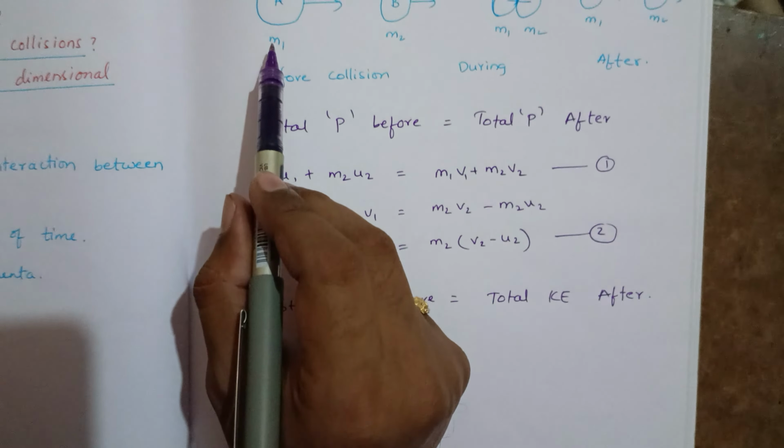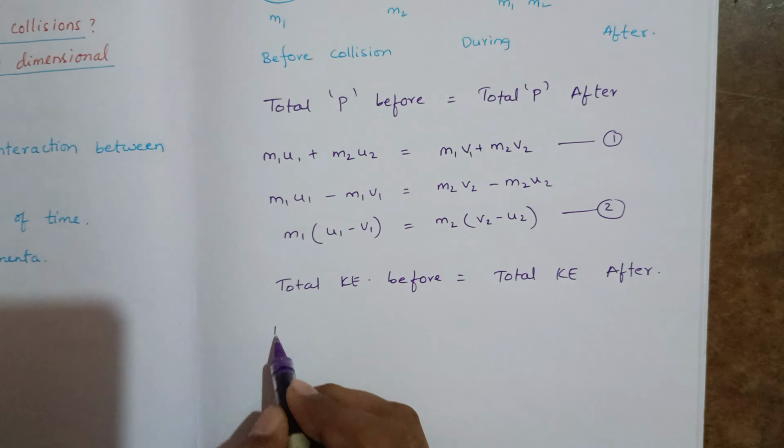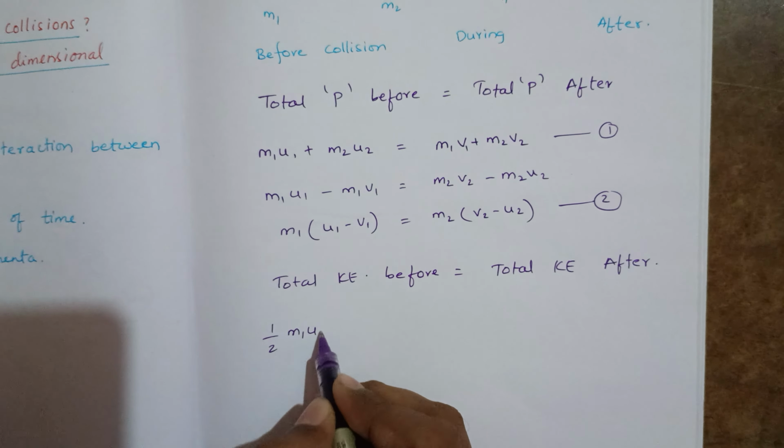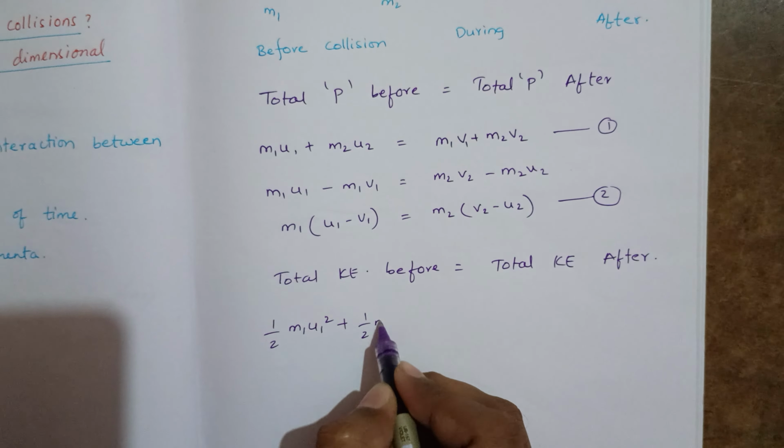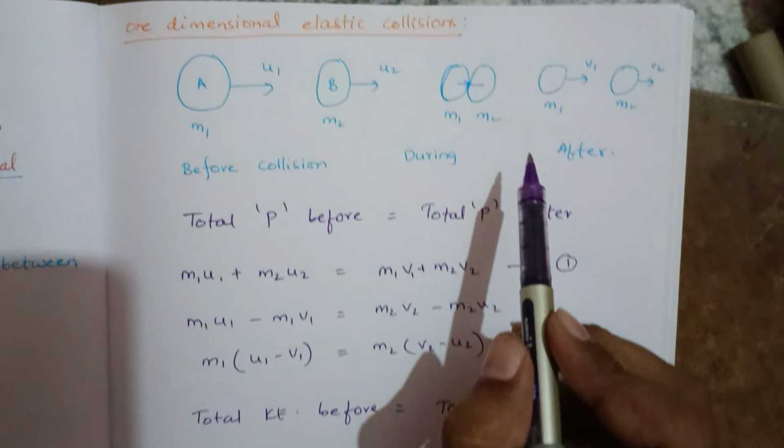So before collision, half m1 u1 squared plus half m2 u2 squared equals, after collision, half m1 v1 squared plus half m2 v2 squared. This is the total kinetic energy after collision.